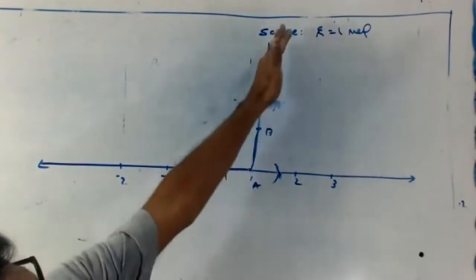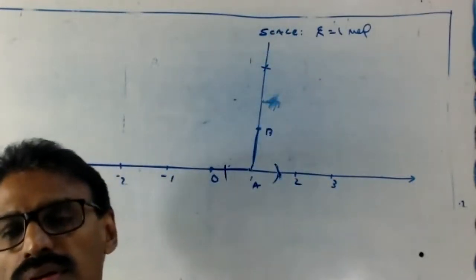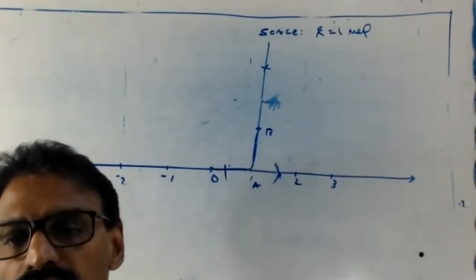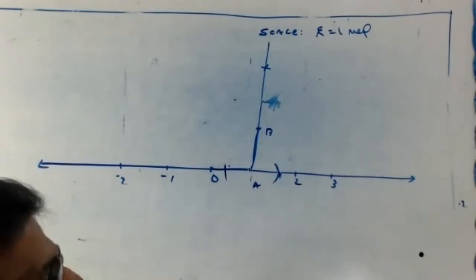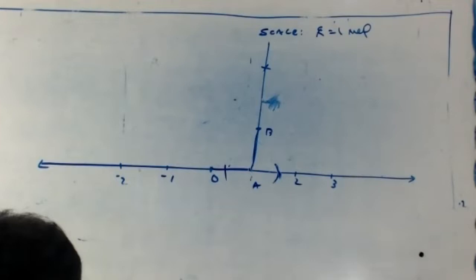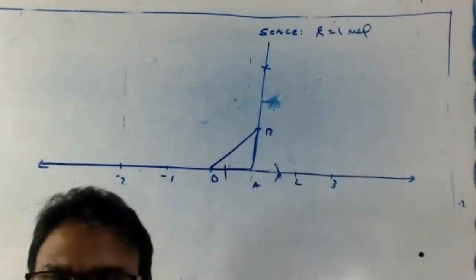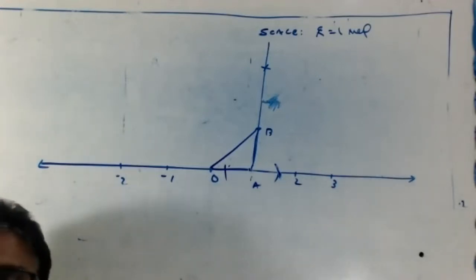Again, here draw perpendicular and take 1 unit here. Others okay? Step 3, just drop. Okay, then next step, join OB. Step number what? Join OB.